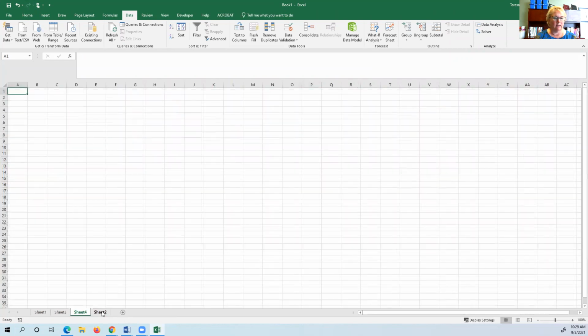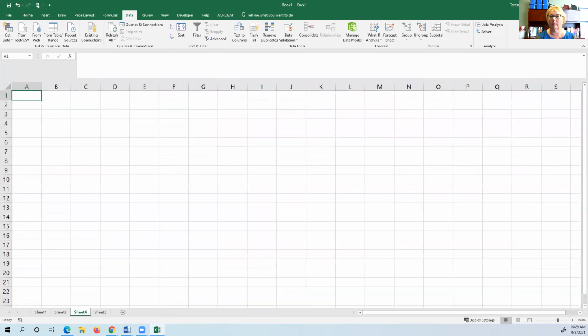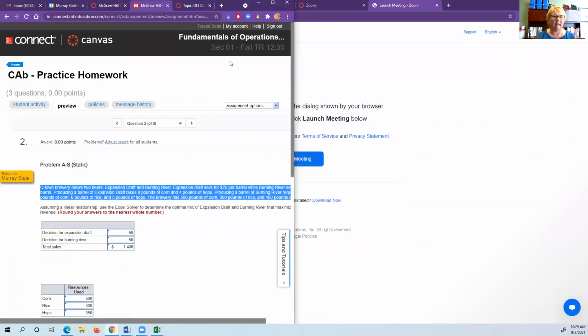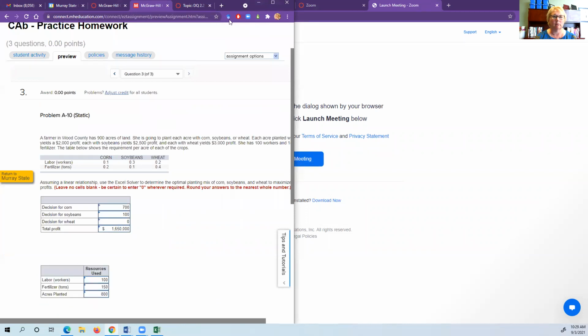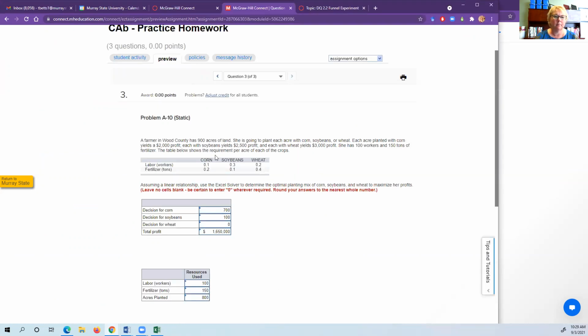All right, let's look at the last problem. This one is a little different because we have more variables in this one. All right.